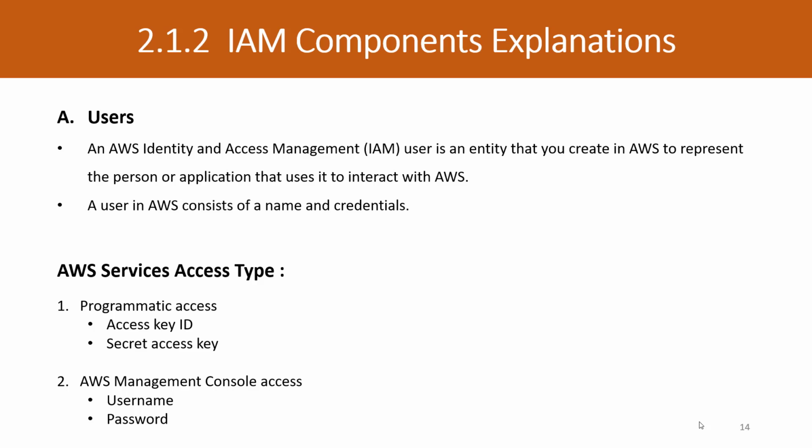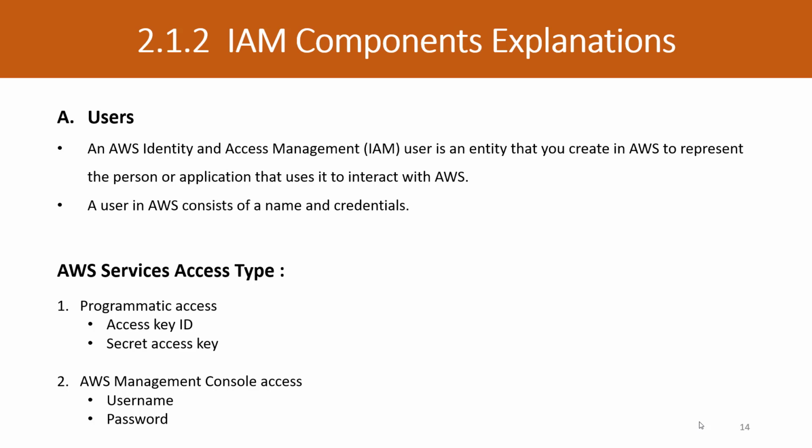Now let's discuss the basic components of IAM. The first thing is users. A user is an entity that you create in AWS to represent the person or application that uses it to interact with AWS.